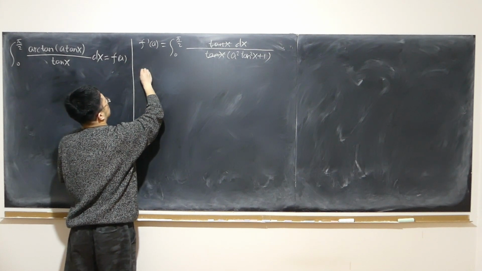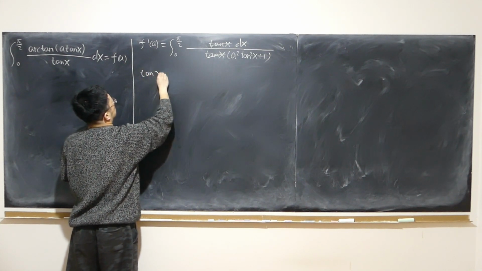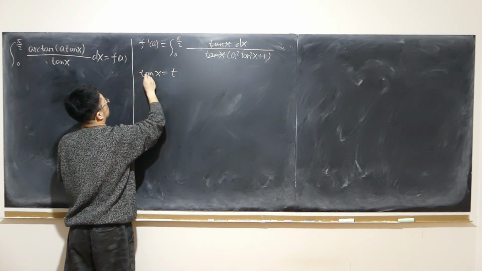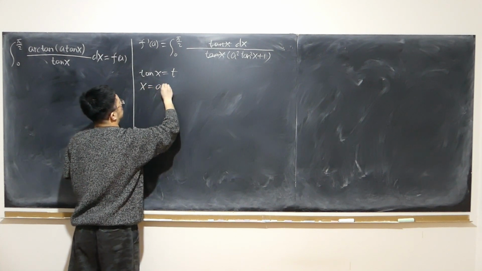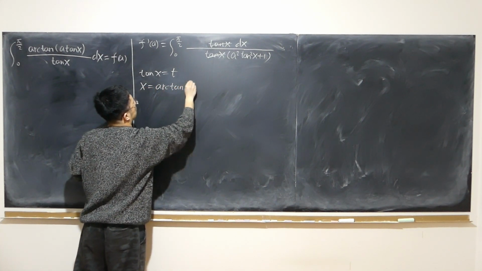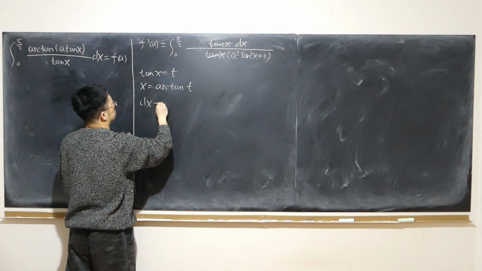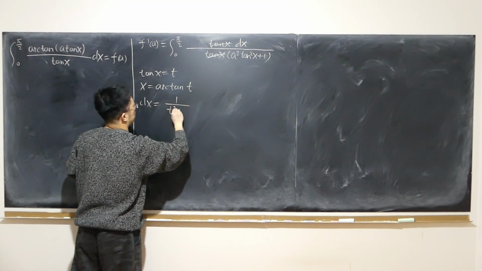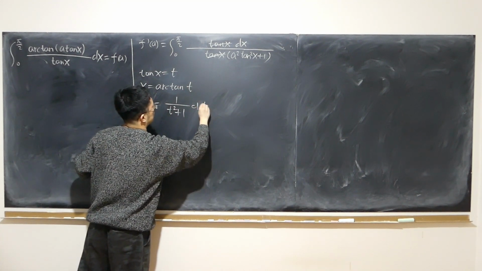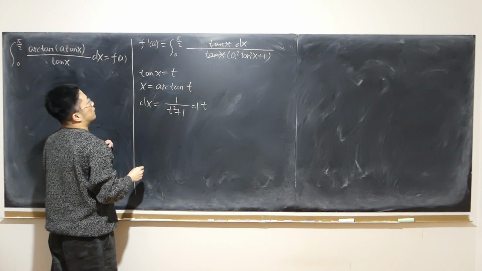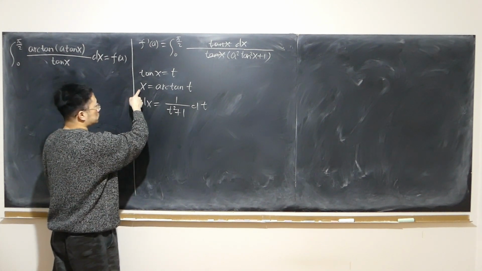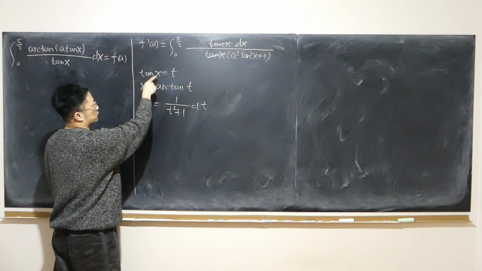Now I'm going to let tangent x equal t. So therefore, x is equal to arctangent of t, so dx is equal to 1 over t squared plus 1 dt. And when x is equal to 0, t is also equal to 0.